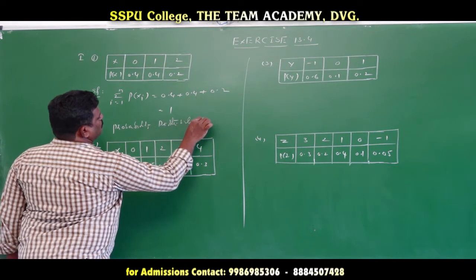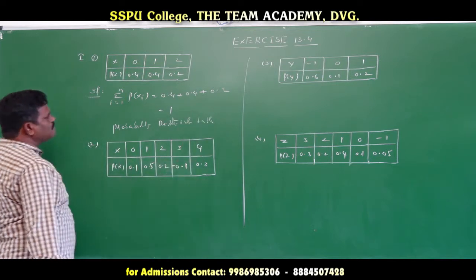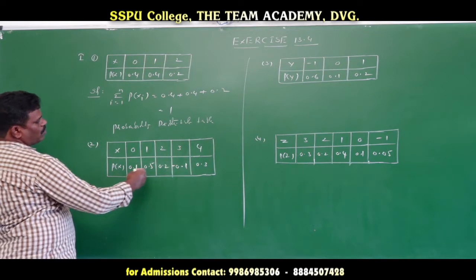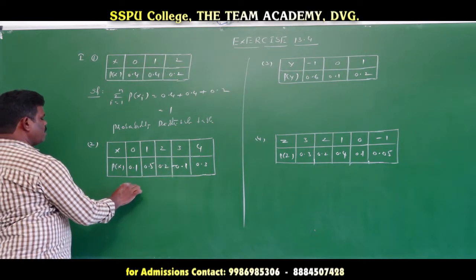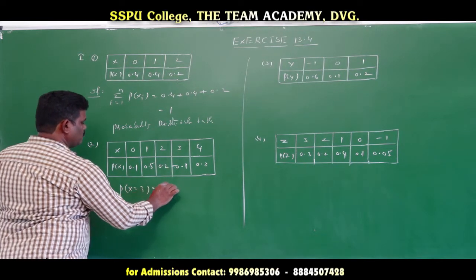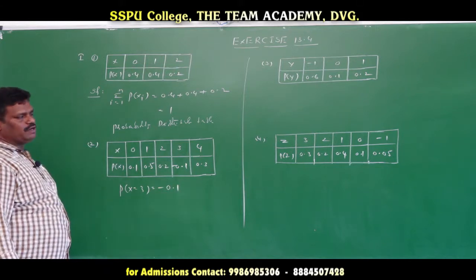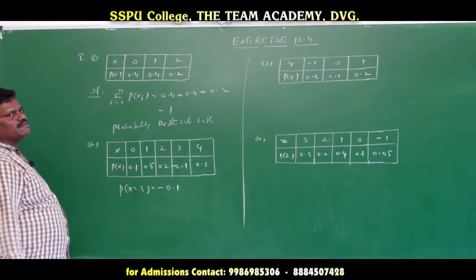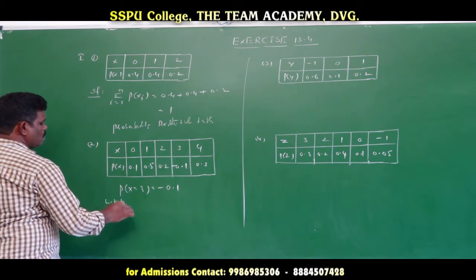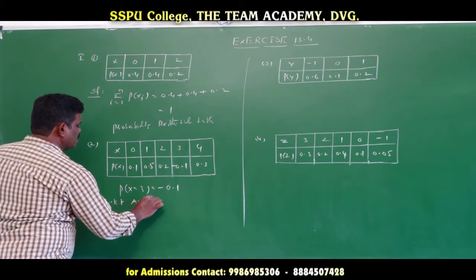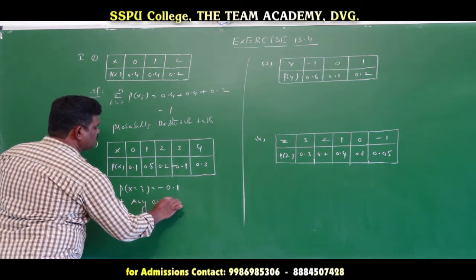So the first one is correct. In the second one, there is a negative value: P of x equals 3 is minus 0.1. We know that any observation probability is not negative.